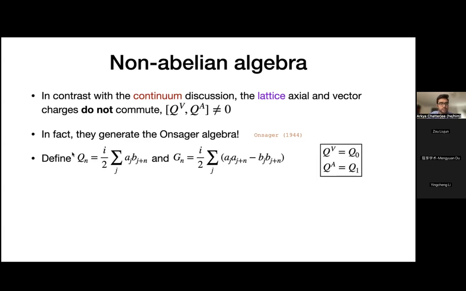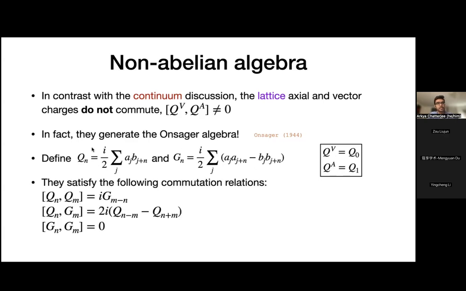You can observe by looking at this that Q0 is nothing but QV, and Q1 is nothing but QA. And this full set of generators, there's 2L of them, L being the number of sites. This full set of 2L generators satisfy these commutation relations.